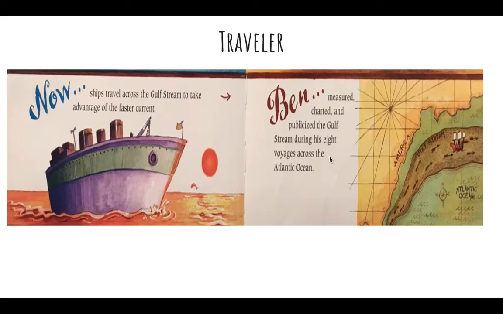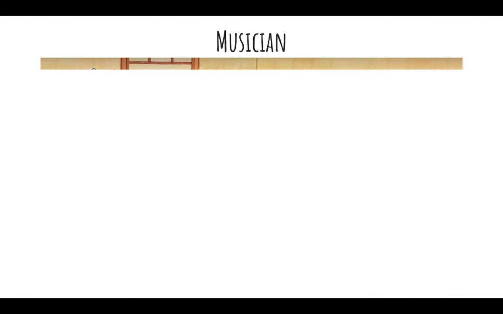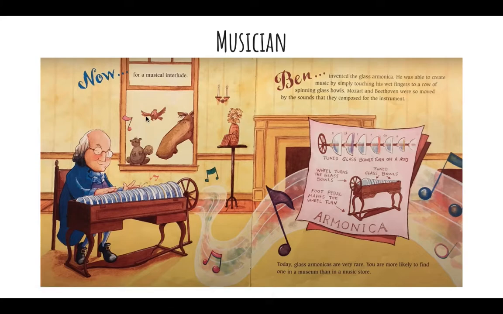It means to travel. So now we know he was a traveler as well. Do we have any last ones? Ooh, we got musician. Musician we talked about like in our first lesson last week. So who can remember what the musician was? Ding, ding, ding. I hope you answered at home. It was musician for the harmonica.